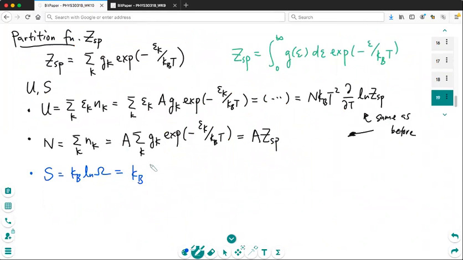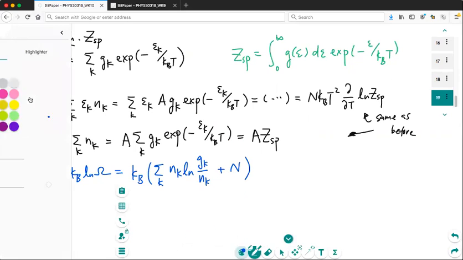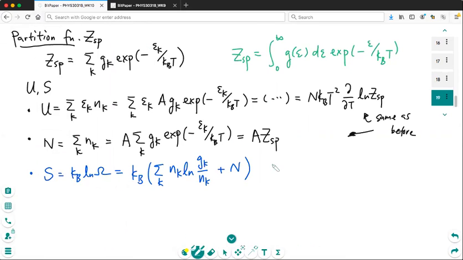So I will have this sum over k, nk log of gk divided by nk plus big N. To help you, this is the yellow box a few slides earlier.